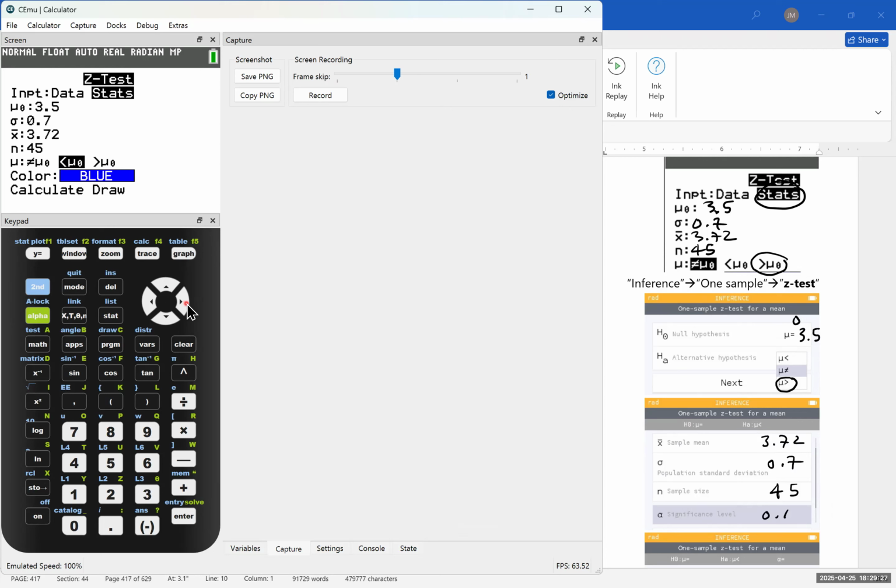And our alternate hypothesis is mu greater than 3.5, like that. Then we'll do calculate, but I want to put these values into the NumWorks calculator next, so I'm going to leave that up.